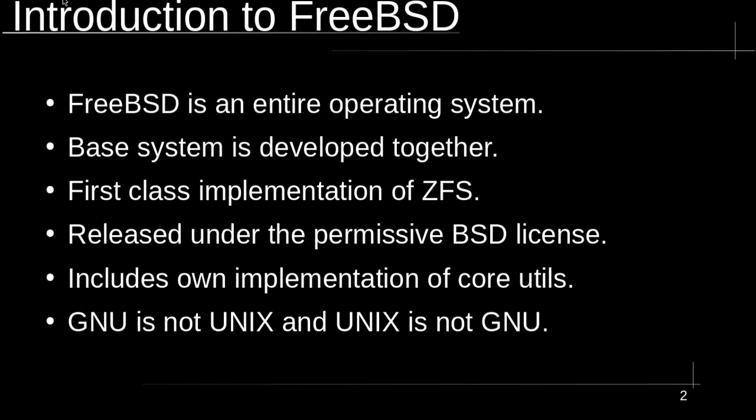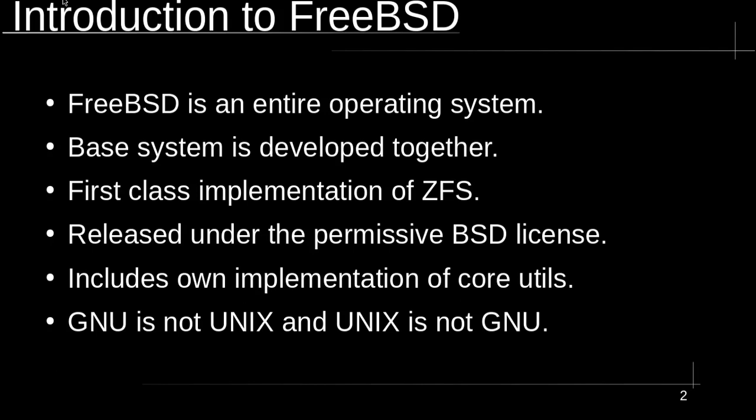FreeBSD also includes a first-class implementation of the ZFS file system, built into the system. This provides awesome features such as snapshotting. It's a very robust, very configurable file system, and FreeBSD has awesome support for ZFS.